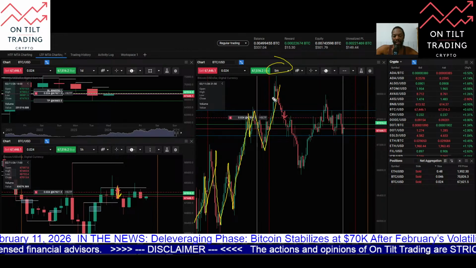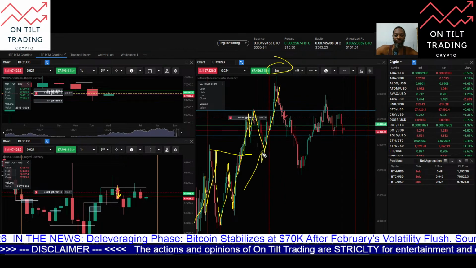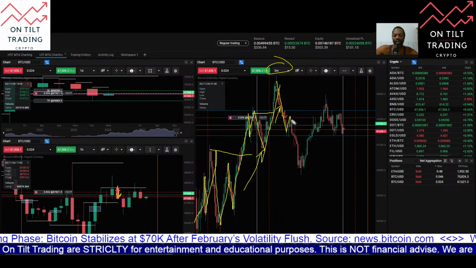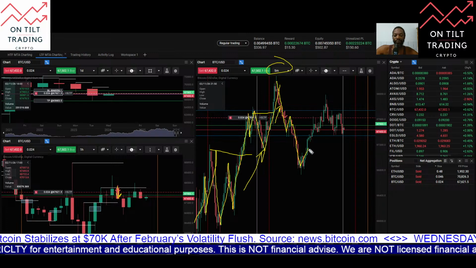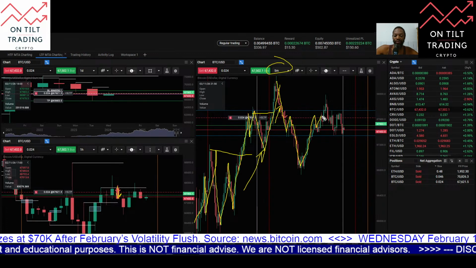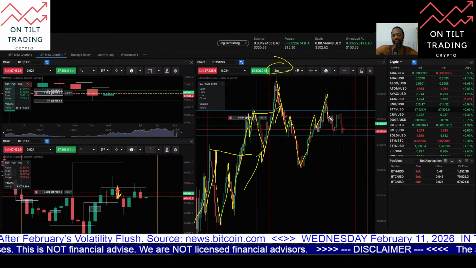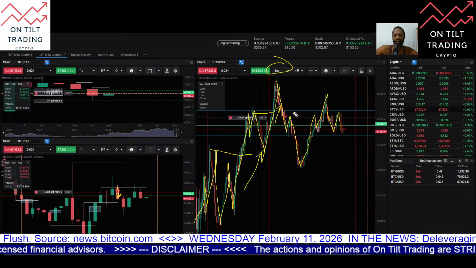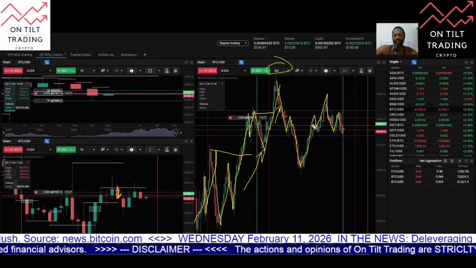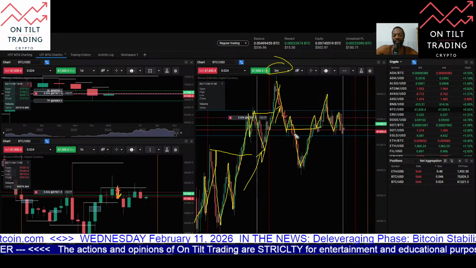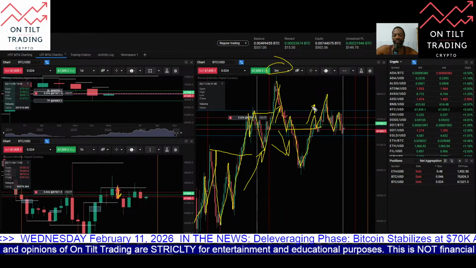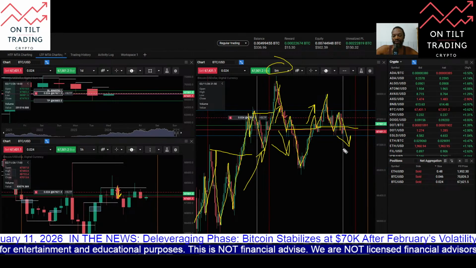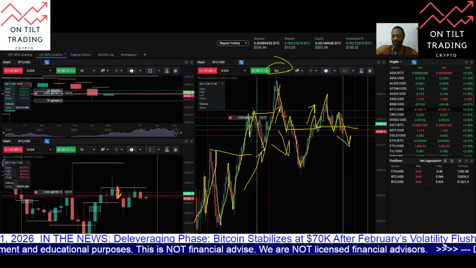So you're seeing structure shift to the buy side here and here, and then a lower low, a lower high, a lower low, lower high, higher low, higher high, lower low, lower high currently, and price currently consolidating here. So you can see price has shifted to the sell side and then back to the buy side, and now seeming to shift back to the sell side on the 5-minute chart.